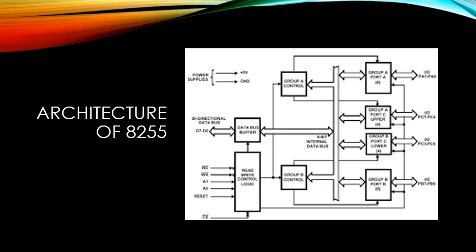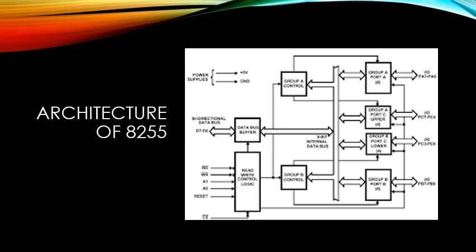This is the architecture of 8255. In this architecture, all the three ports are categorized into two controls: Group A control and Group B control. Group A control has port A, all 8 pins PA7 to PA0, and also the port C upper pins. Similarly, port C has a lower part and an upper part.